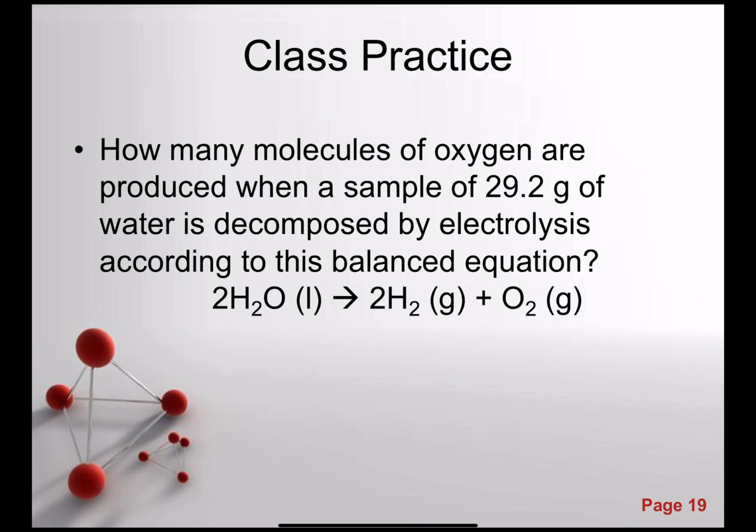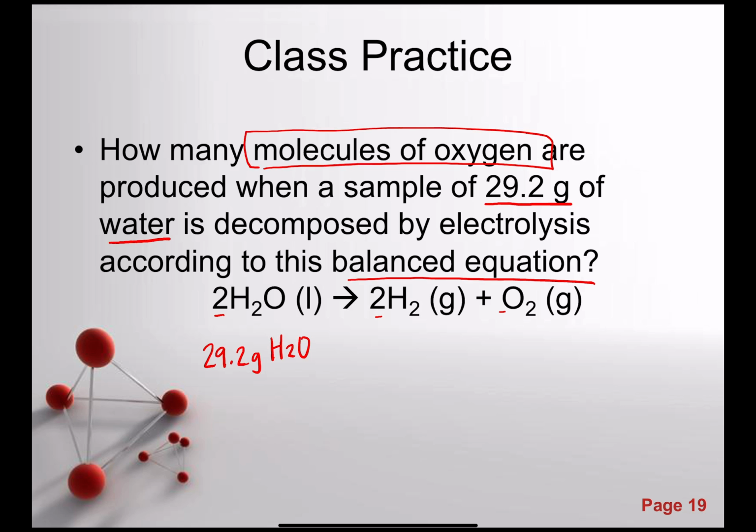So because the coefficients are there and it tells us, we know that this is the balanced equation, so we don't have to do anything to it. But remember, you always want the equation to be balanced before you start. So it's asking us for molecules of oxygen. That's what we are trying to find, okay?